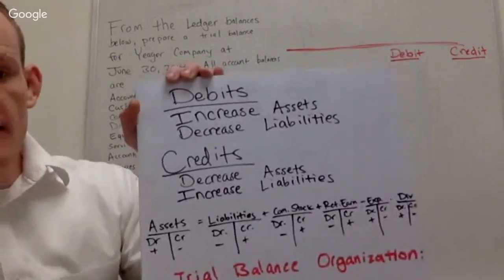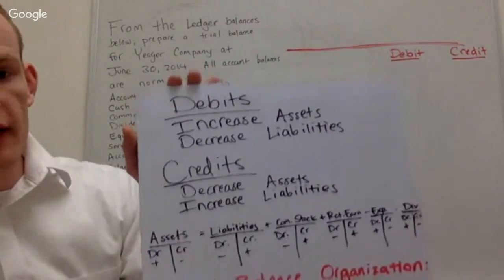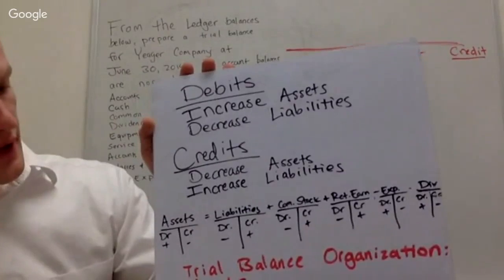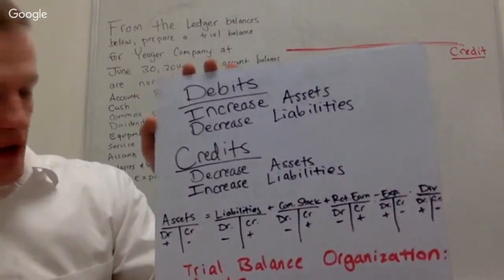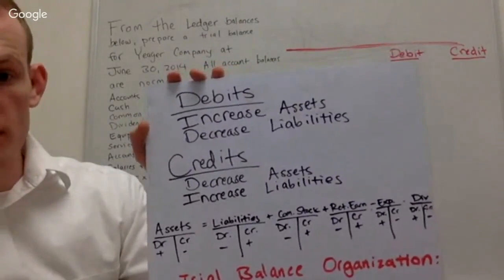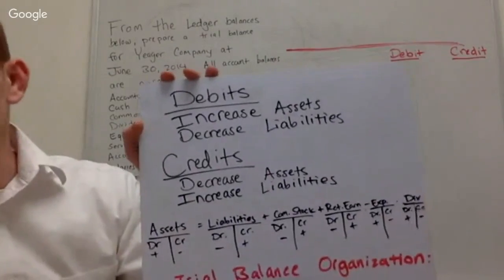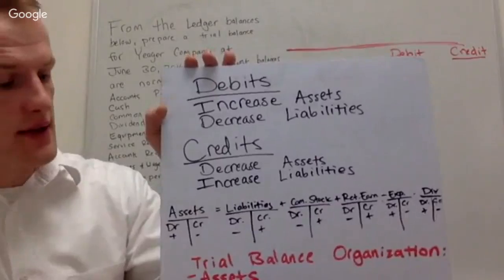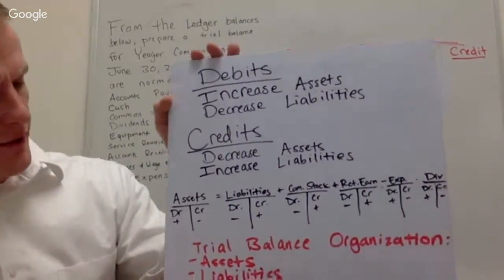Right underneath that, I've written out the extended general accounting equation with the debit and credit rules. I referred to that often while completing this exercise, and it was very helpful.